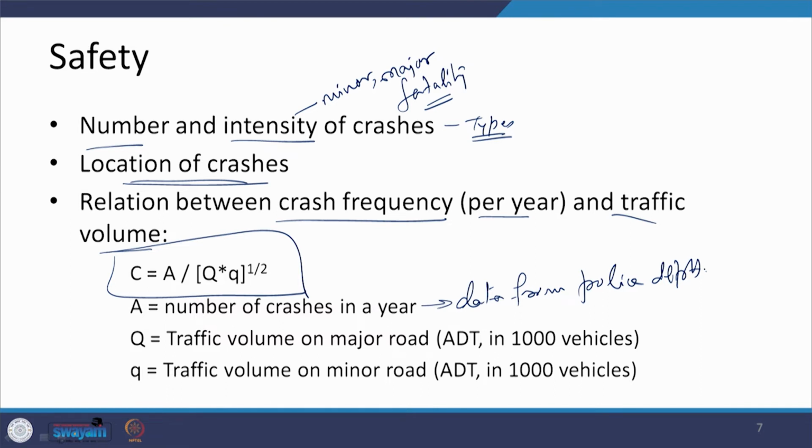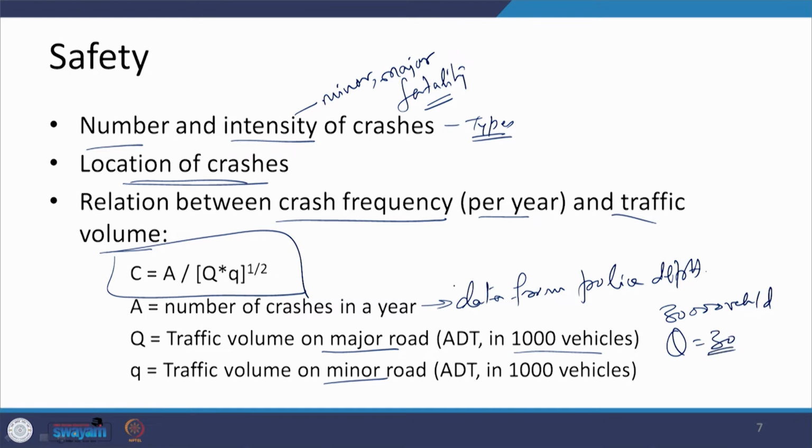and then there is the traffic volume on the major or minor route, and this traffic volume is talked about in terms of daily traffic and used here as Q and q in thousands of vehicles. That means, if we are talking about 30,000 vehicles per day, we use that Q or small q as 30.